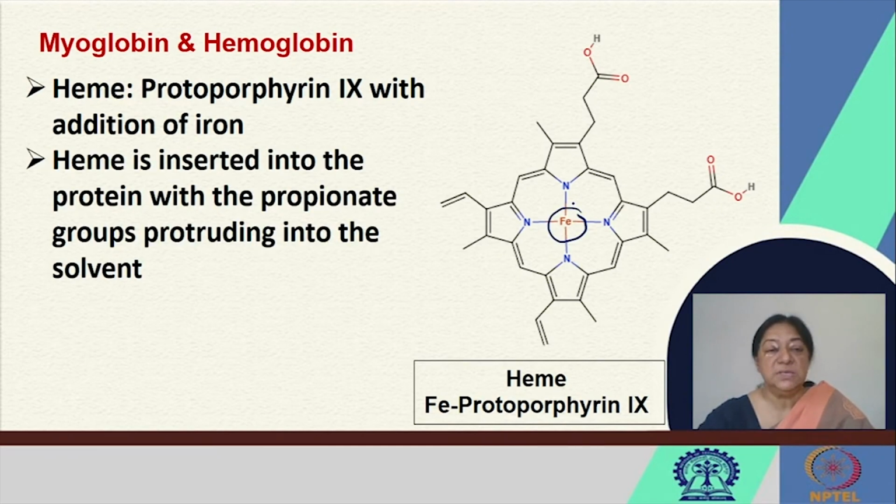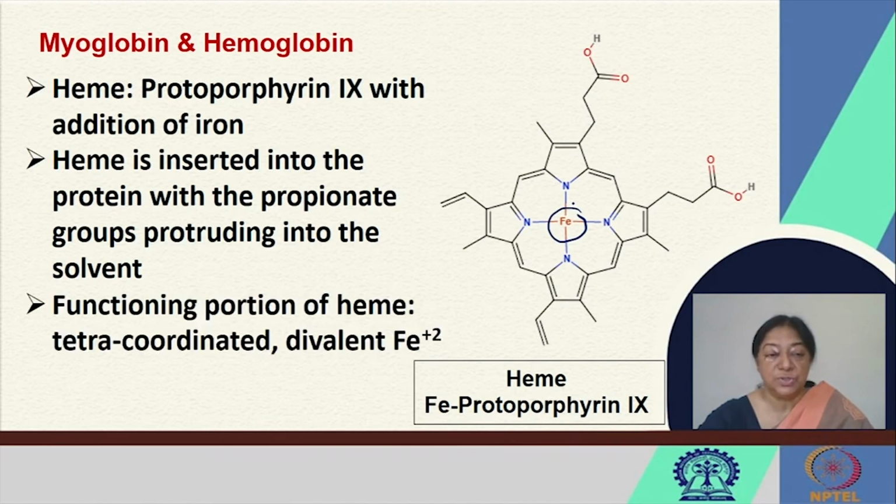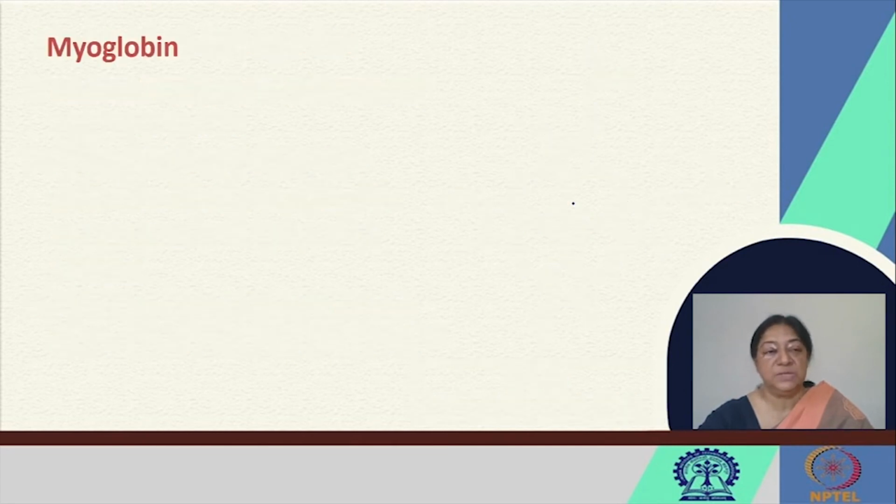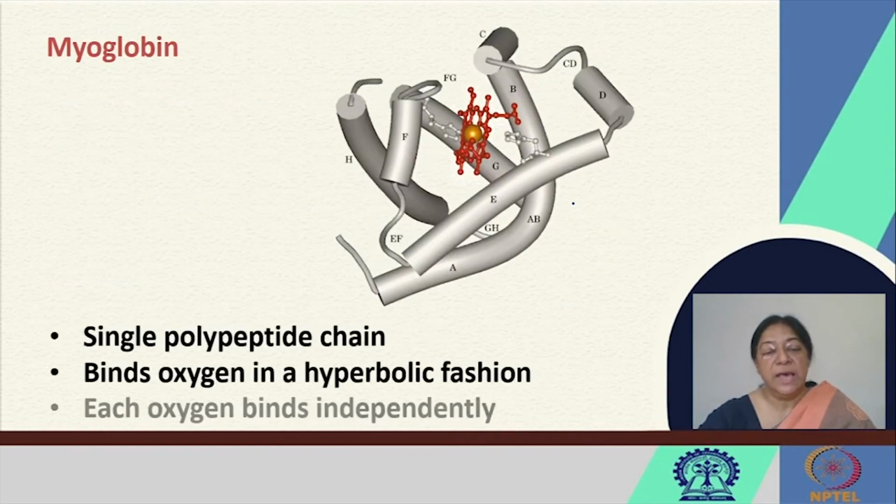Heme is inserted into the protein with the propionate groups protruding out into the solvent, and the functioning portion of the heme is the tetra-coordinated divalent Fe2+. The myoglobin protein has a single polypeptide chain and it binds oxygen in a hyperbolic fashion, and each oxygen in this case binds independently.